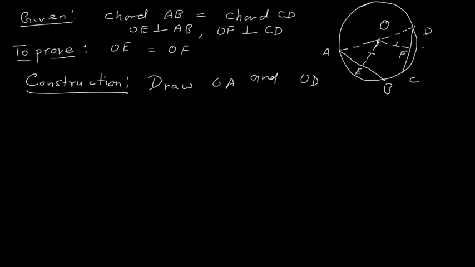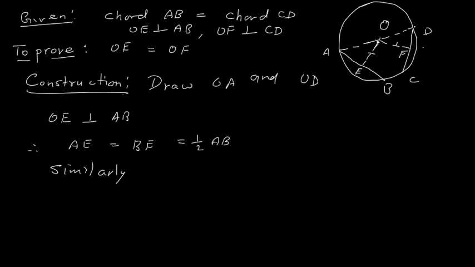Now here OE is perpendicular to AB, therefore AE equal to BE equal to half of AB. Similarly, OF is perpendicular to CD, therefore CF equal to DF equal to half of CD. This we consider equation 1, this we consider equation 2.